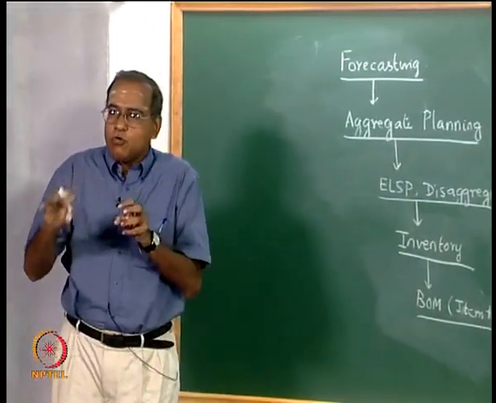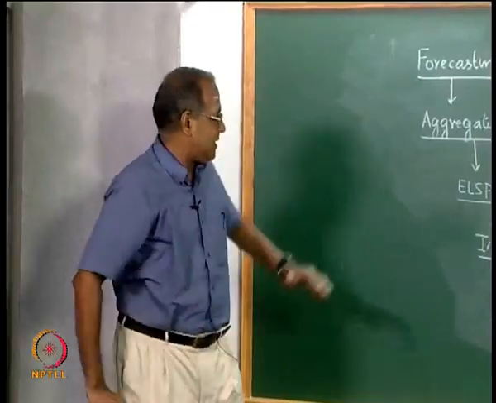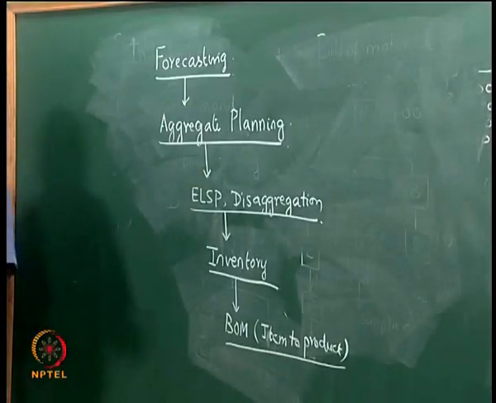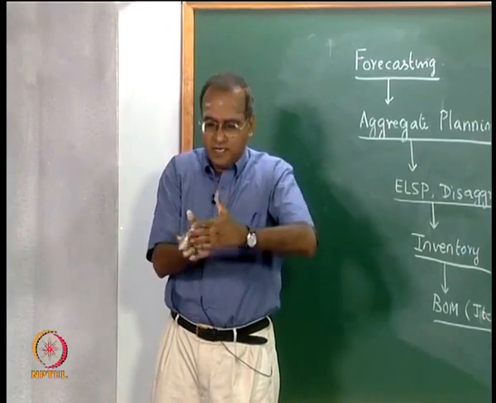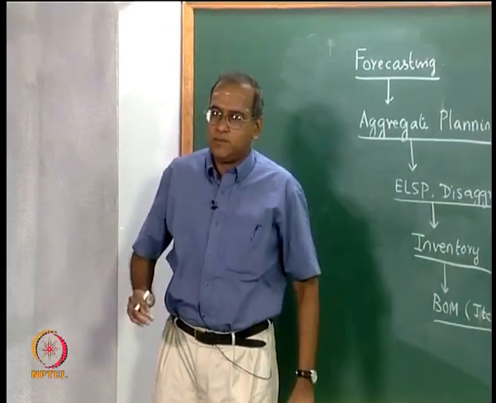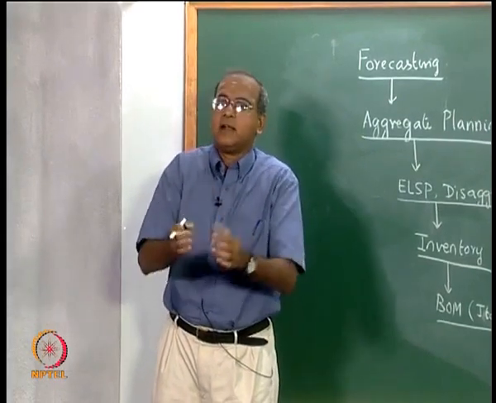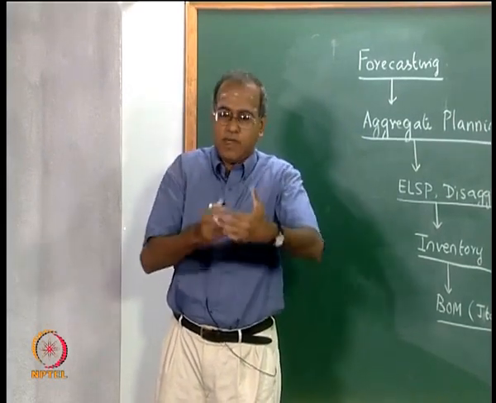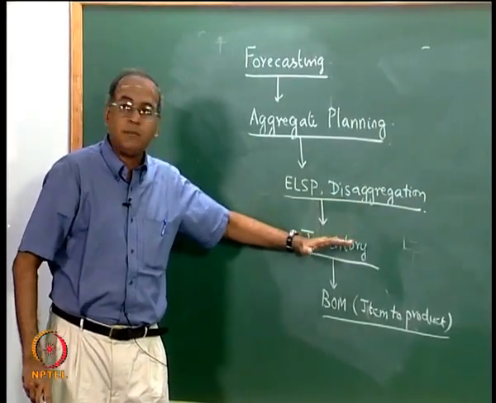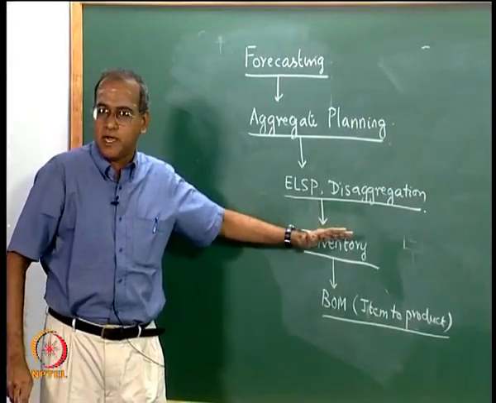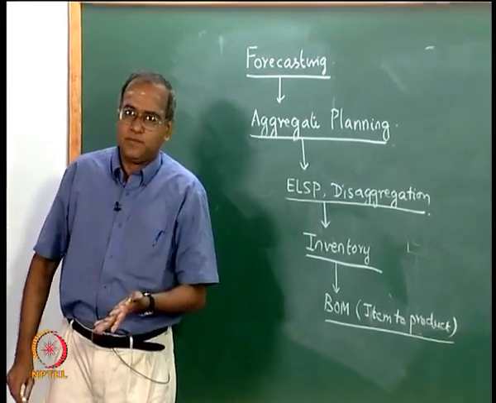And then we need to move to another topic. We know that at the end of disaggregation we are going to make a certain product or item in the next, say, 1 week or so, or the next 2 days or so, whatever is the cycle time we are talking about. We also assume that through a good materials management or inventory planning system, the material to make these is also available.